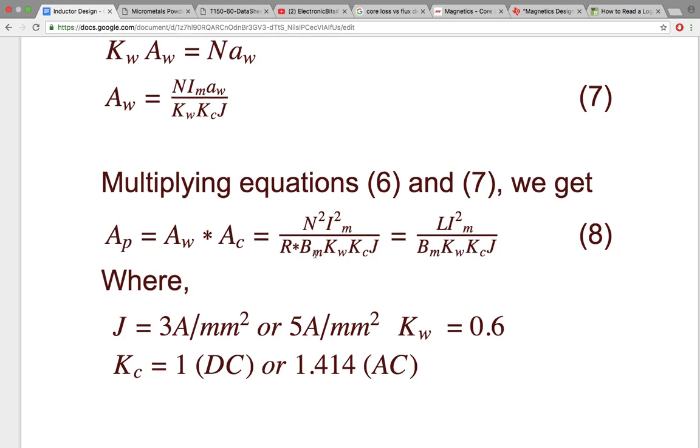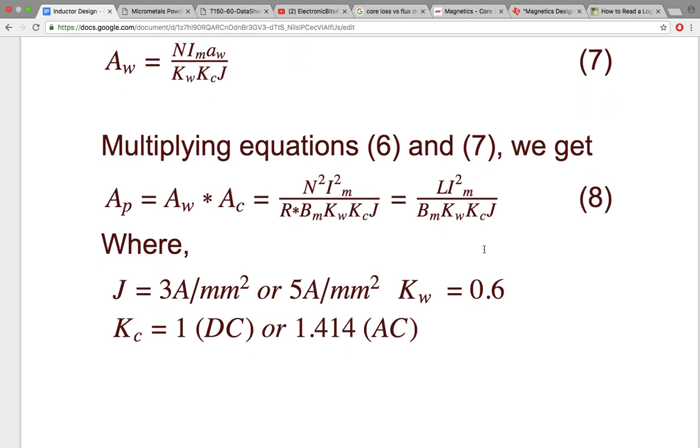We can further simplify by replacing n square by L over R. This is our final expression for the area product, where we will know all the parameters beforehand to select the core. We know the inductance, the current rating, and kw you can choose according to your need.